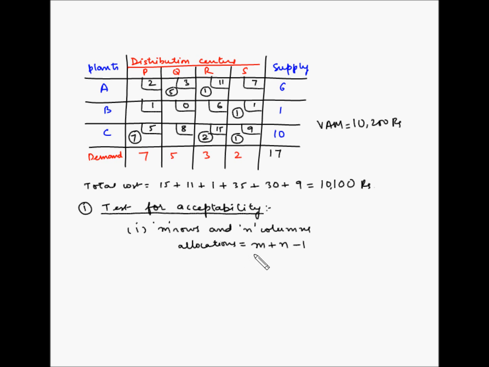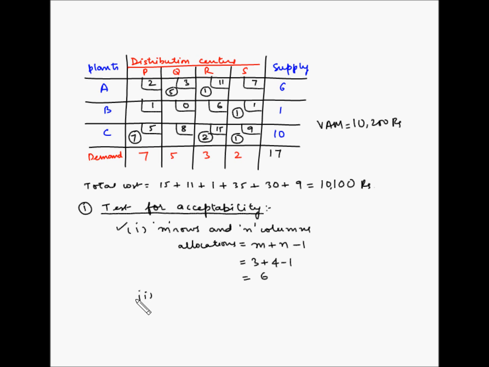Now in our case, m is 3 because we have 3 rows, and n is 4 because we have 4 columns, and this minus 1. So this is equal to 3 plus 4 is 7, 7 minus 1 is 6. Now let's find out the number of allocations. So 1, 2, 3, 4, 5, 6. So number of allocations are also 6. So this condition has passed.